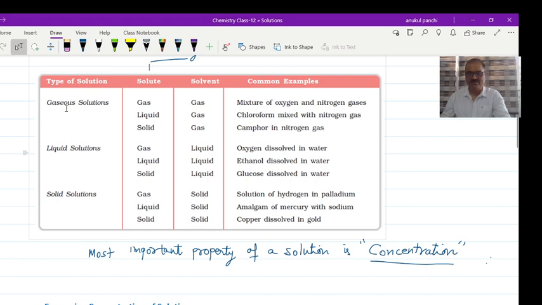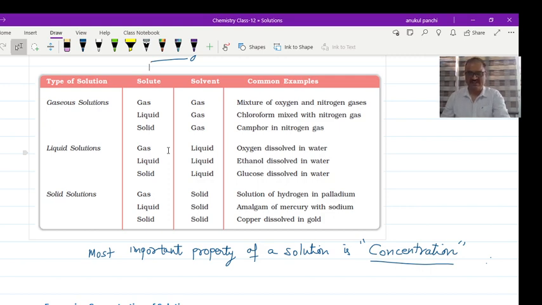In gaseous solutions, the solvent is always gas. In liquid solutions, the solvent is liquid, and in solid solutions, solid. Now, the solute can be gas, liquid, or solid in all these three. So 9 types of homogeneous mixtures are there, which we call solutions.